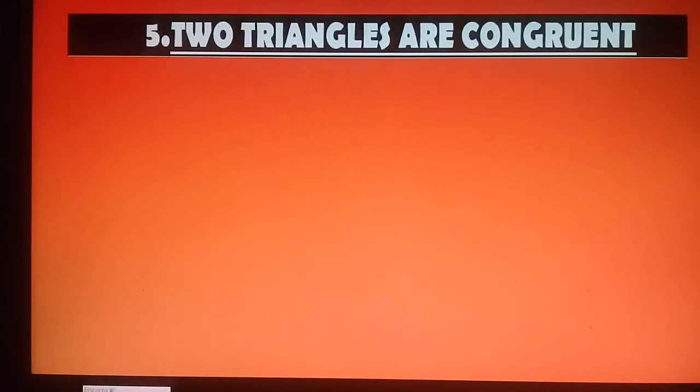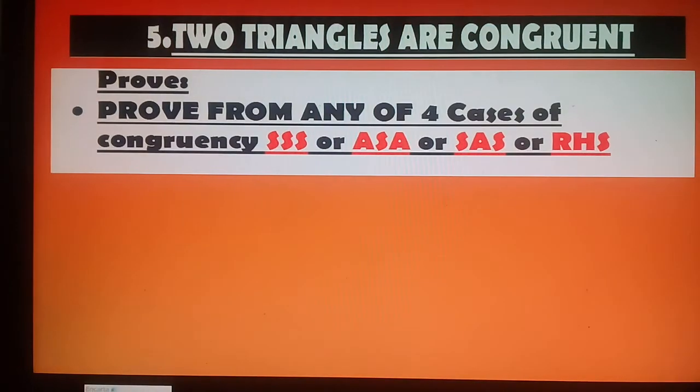Now, how to prove that two triangles are congruent. We talked about congruent triangles that have the same shape and size. I've talked about 4 cases of congruence. If they say prove that two triangles are congruent, we're looking for one of the cases of congruence.